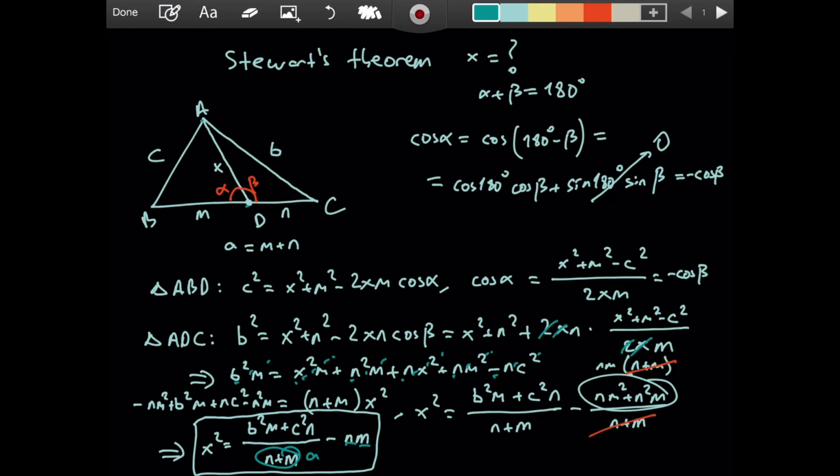It makes perfect sense, because if it is intersecting like this, like that, or like that, of course the length of x is going to change. So it is very reasonable that the lengths n and m are important. We are not only interested in their sum, which is a, we are also interested in them individually.